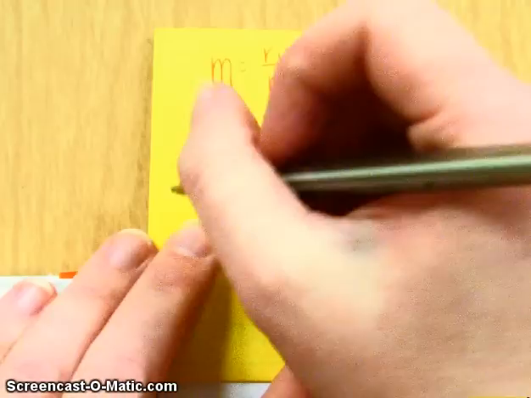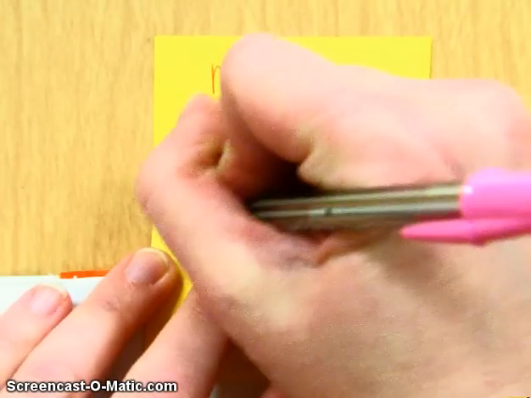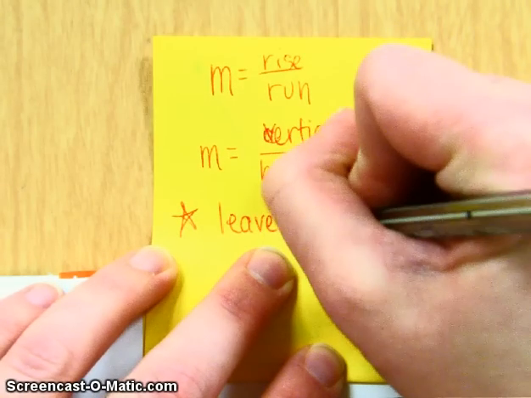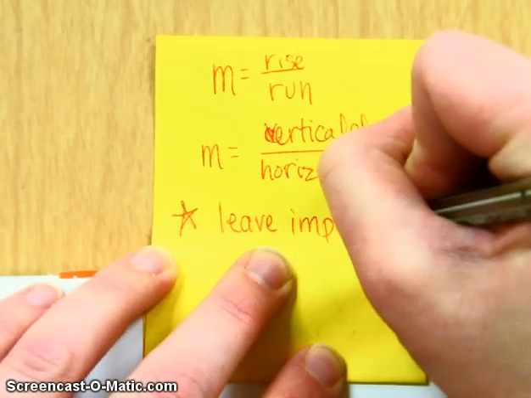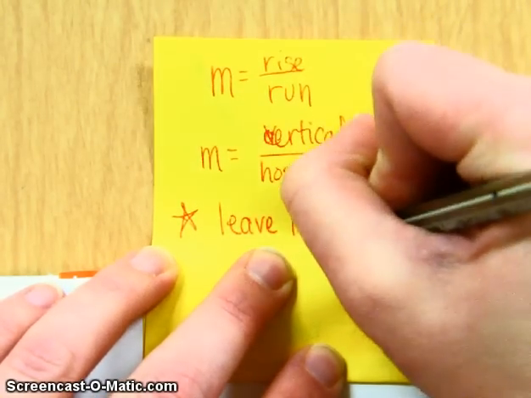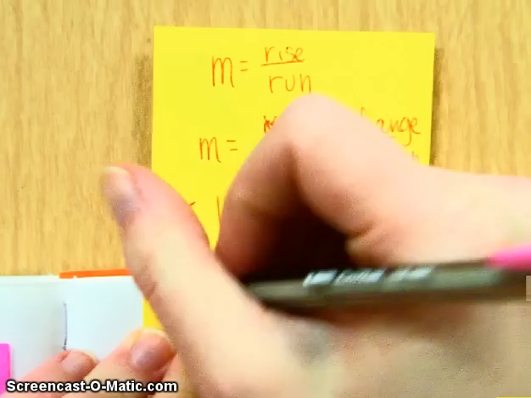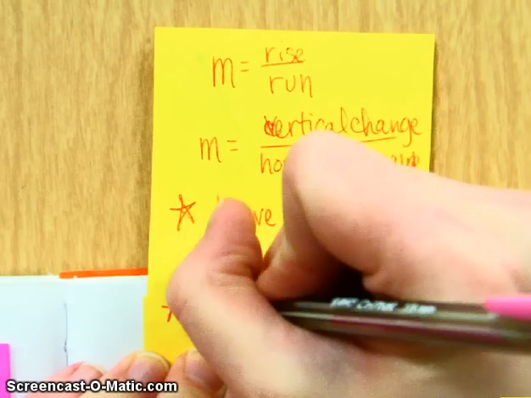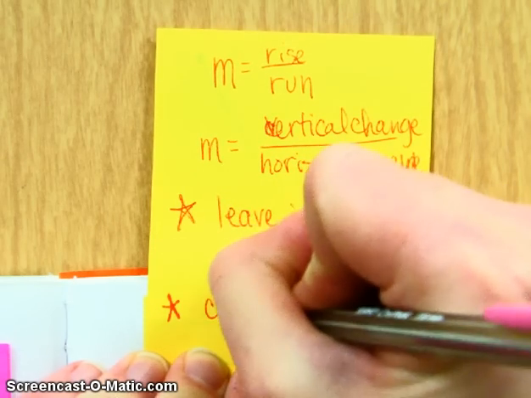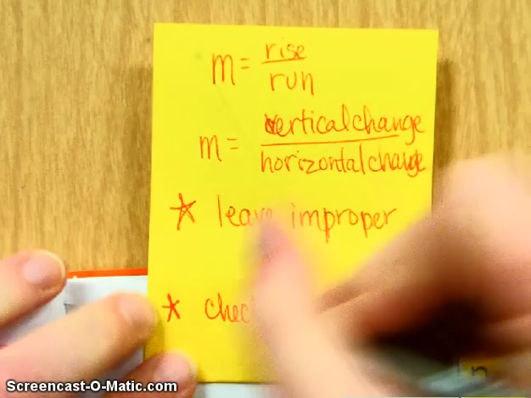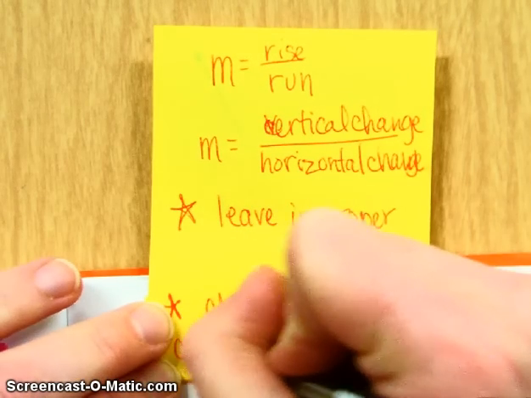So some things you need to know. Because it is a ratio, we need to leave it improper because we're dealing with only 2 numbers, not 3. So leave it improper. And I will say, check your sign and compare it to the direction of the line.